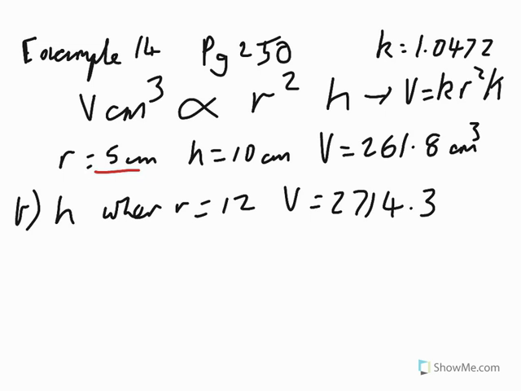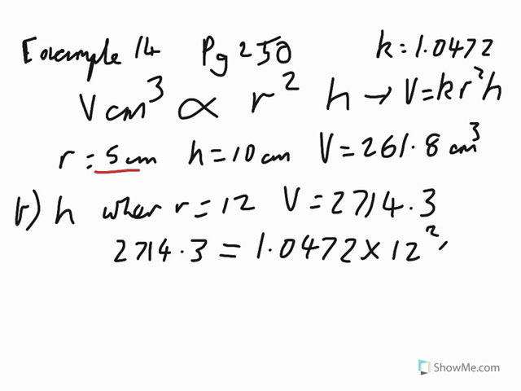Alright, so if we're using V equals K R squared H, then 2,714.3 is equal to K, which is 1.0472, times the radius 12 squared times the height.